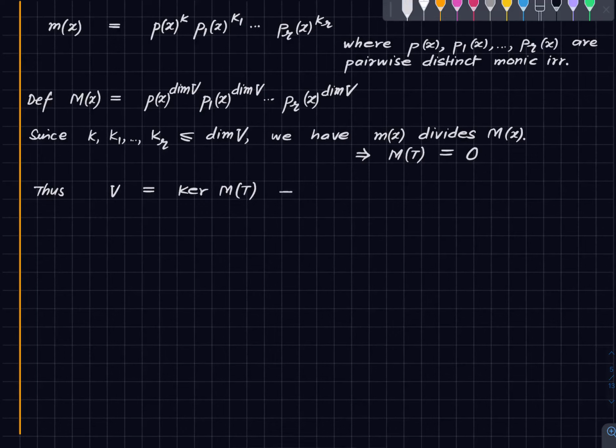But here is the key idea. These are pairwise relatively prime polynomials, because Px, P1x up to Prx are pairwise distinct monic irreducibles, so these are pairwise relatively prime, and hence these are also pairwise relatively prime. And hence, by the fact we recalled in the beginning, the kernel of MT is nothing but the direct sum of the kernels of the participating guys.